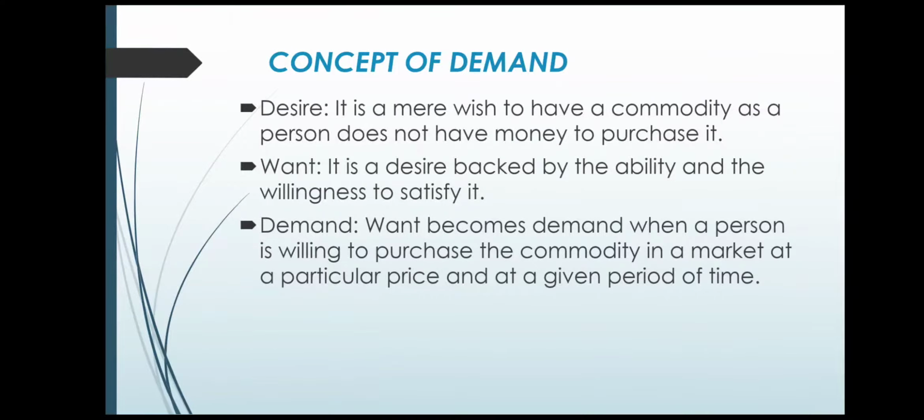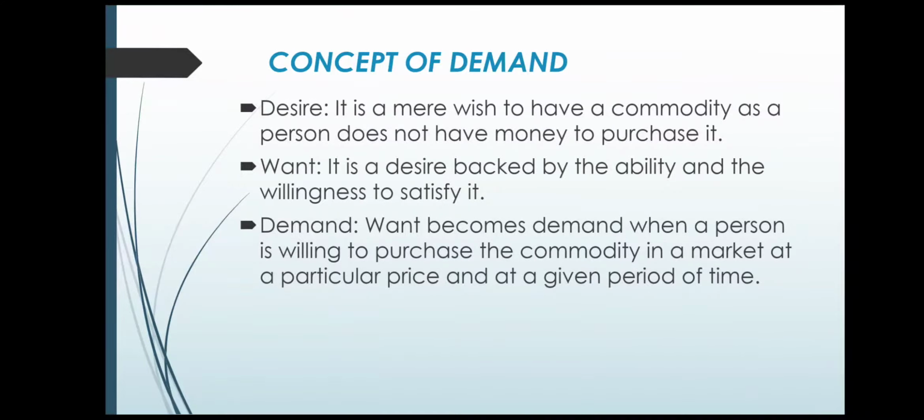The third term is demand. Want becomes demand when a person is willing to purchase the commodity in a market at a particular price and at a given period of time. So demand includes want in it, and it also has two more things, that is at a particular price and at a given period of time.